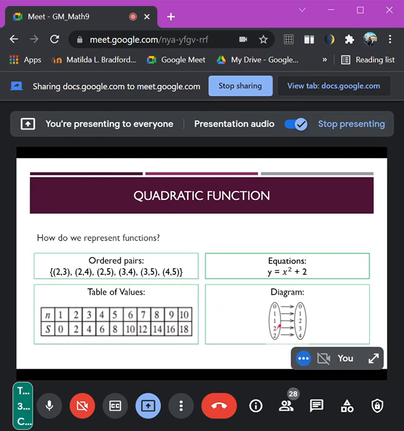How about the others? This is x, the part on the left, and this one is y, and they are paired. Is it a function or not? Yes. Yes. Yes. How about the others?